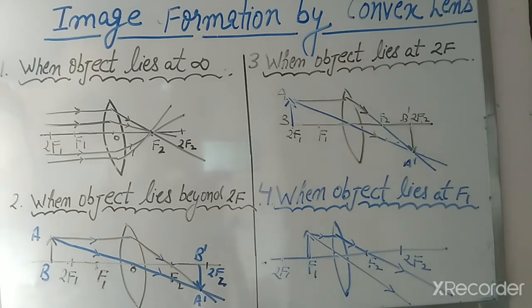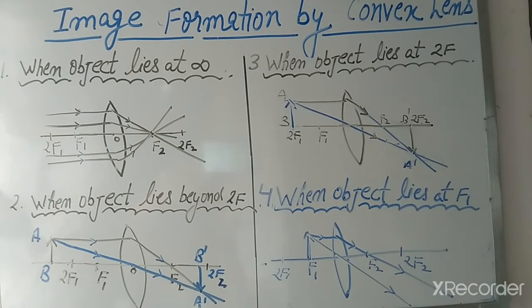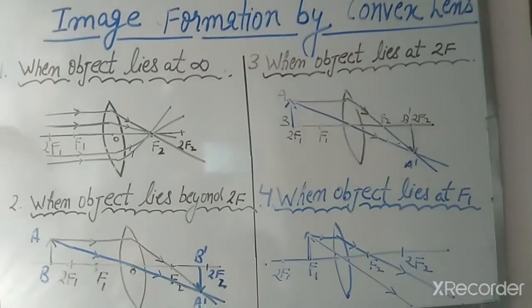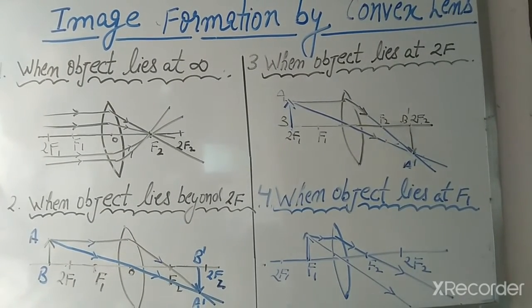So we see that the two rays are not meeting at any point. This shows that the image is forming at infinity. If our object is placed at f1, then the image is formed at infinity. The size of the image is highly enlarged as compared to the object, and the nature of the image is real and inverted, right?